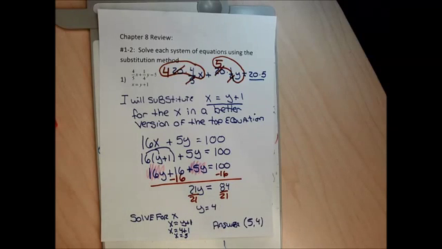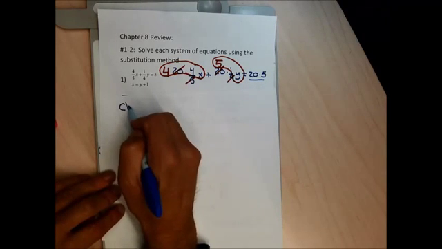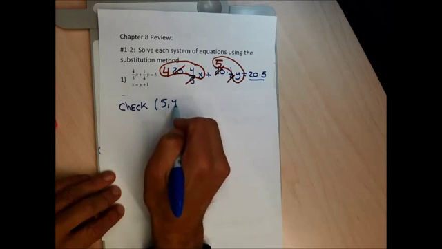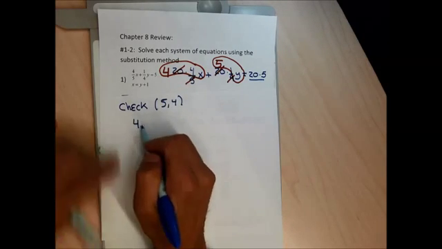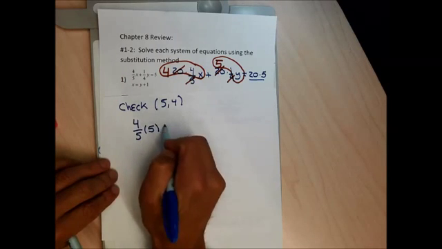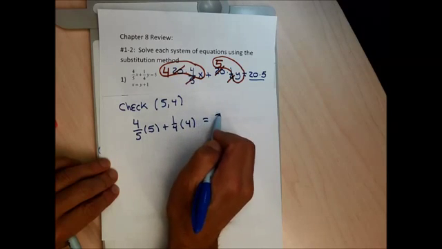I can check if I want to, and the checking is optional, but if I wanted to check, I should check in the very original problem my answer 5 and 4. In the top equation, I'd have to go 4/5 times 5 plus 1/4 times 4, and that should equal 5.